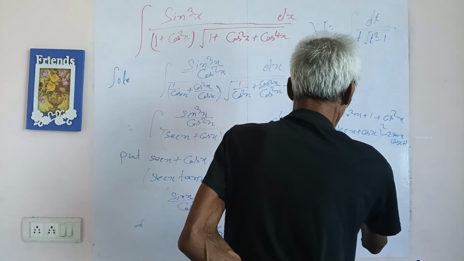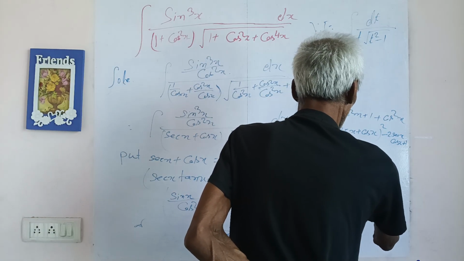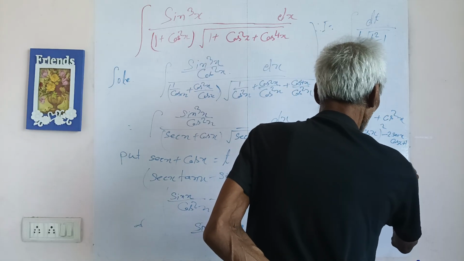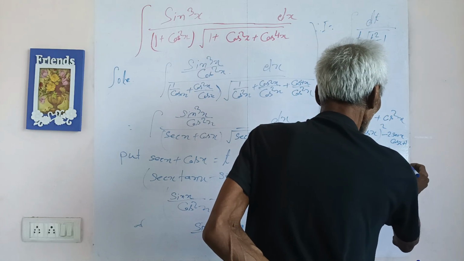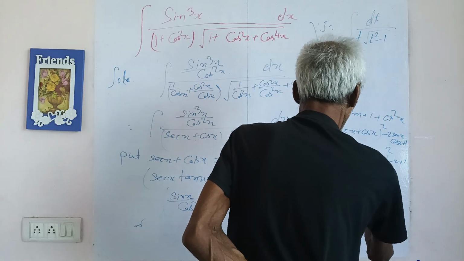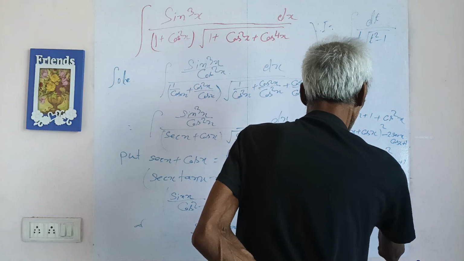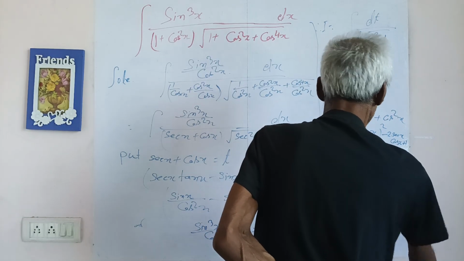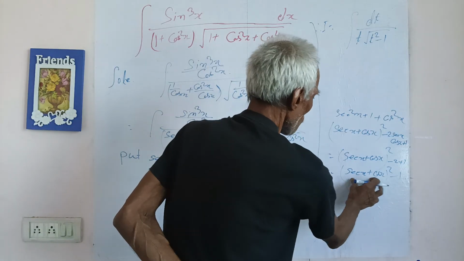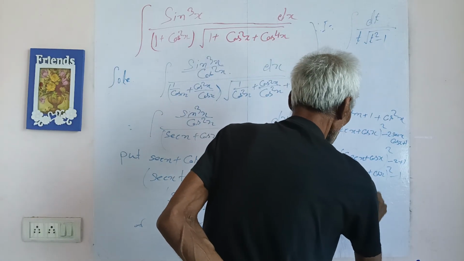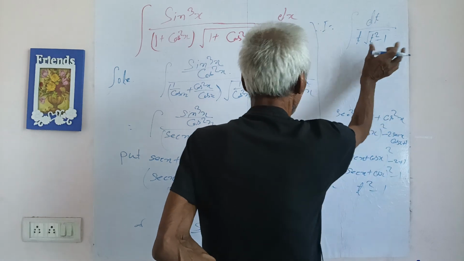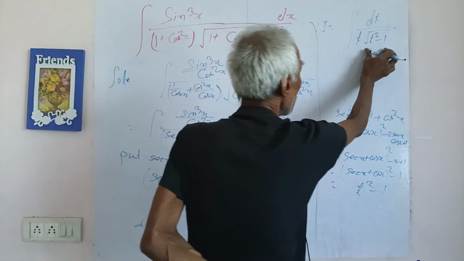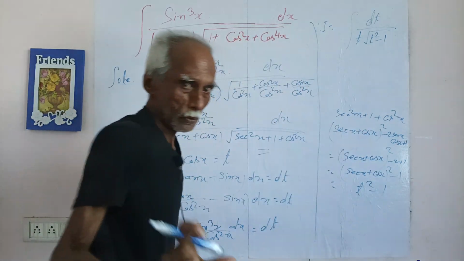This is equal to sec x plus cos x whole square minus 2 plus 1, that is sec x plus cos x whole square minus 1. Sec x plus cos x means t, so it will be t square minus 1. That's why for this part here it is written root under t square minus 1.